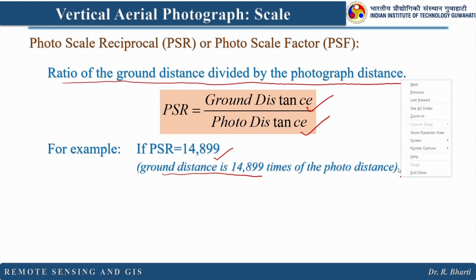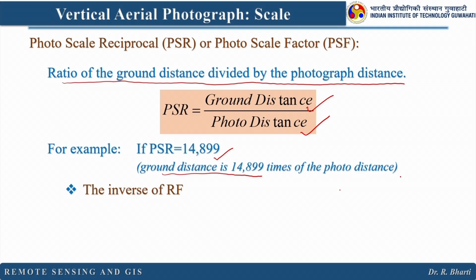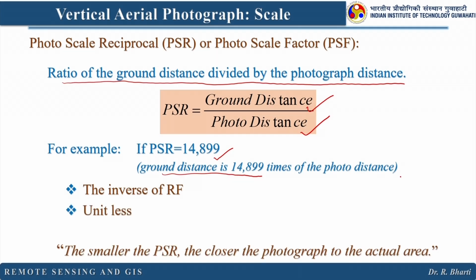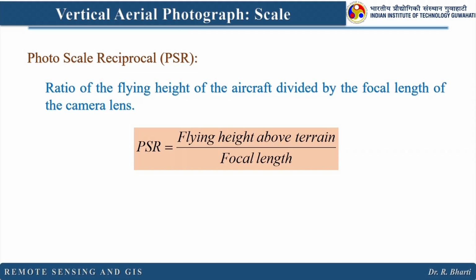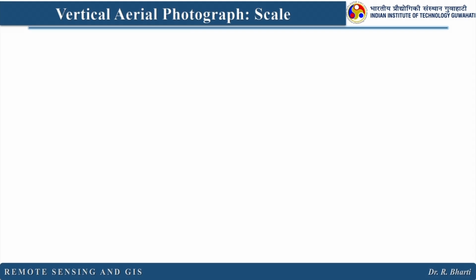This is basically the inverse of RF, and this is again unitless. The smaller the PSR, the closer the photograph is to the actual area. If the PSR is very small, then the photograph and the real object have similar dimensions. Similarly, PSR can be calculated using focal length and flying height with this formula.